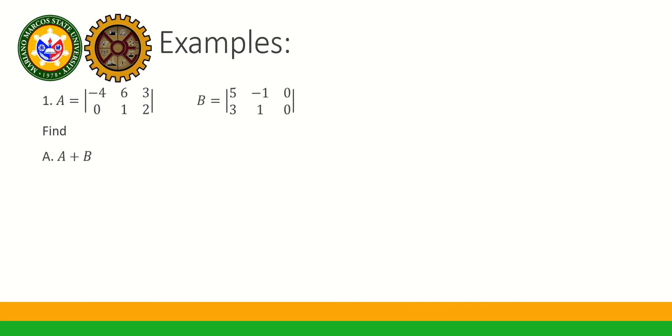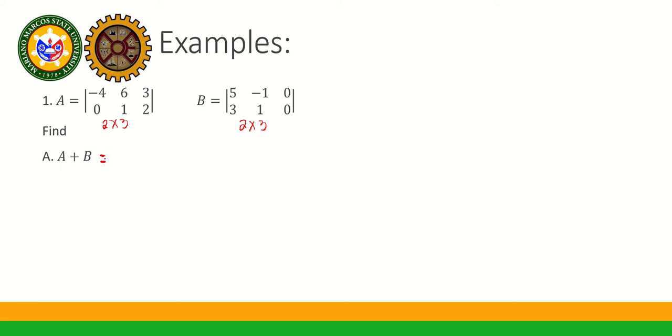Now, let's have examples. A is a 2 by 3 matrix and B is a 2 by 3 matrix. Since they have the same size, we can proceed to addition. Remember, if they don't have the same size, hindi mo siya pwedeng i-add. Okay? So, A plus B. So, how do we do that?